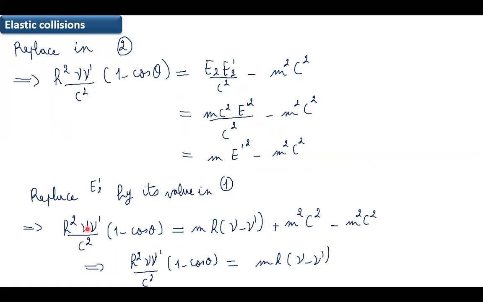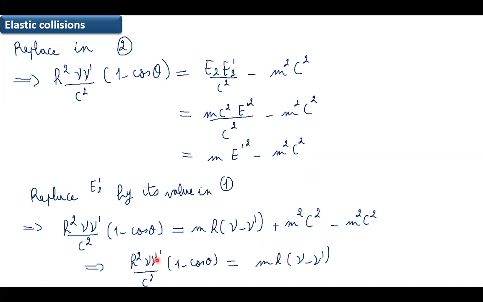So h squared nu nu prime over c squared times 1 minus cosine theta is equal to m times h nu minus nu prime plus m times mc squared, so plus m squared c squared, minus this quantity m squared c squared. So you have here m squared c squared minus m squared c squared.